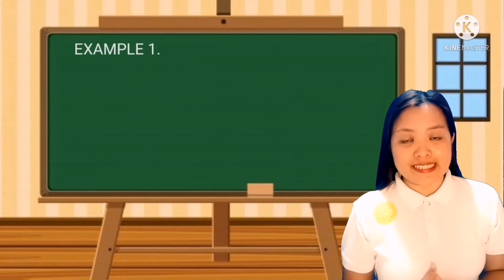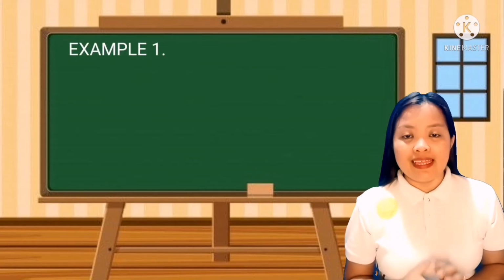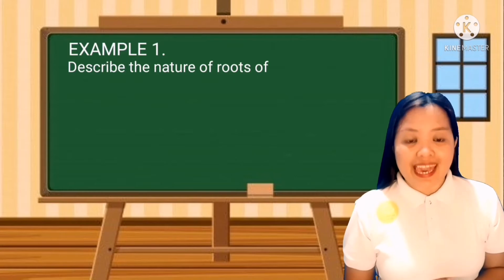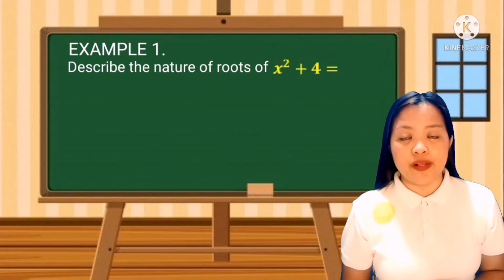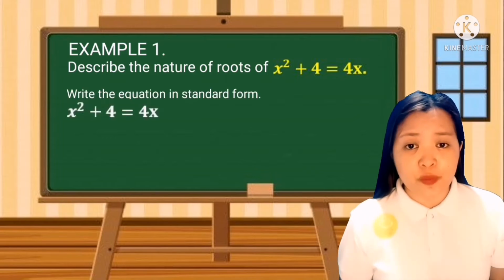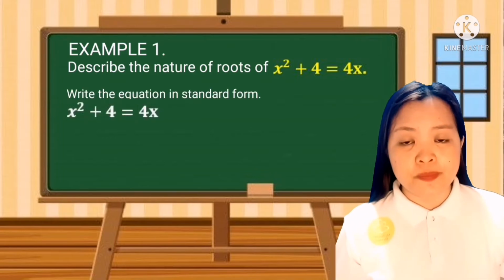Let us have example number 1. Describe the nature of roots of the quadratic equation x squared plus 4 equals 4x. First, we need to write the equation in standard form.